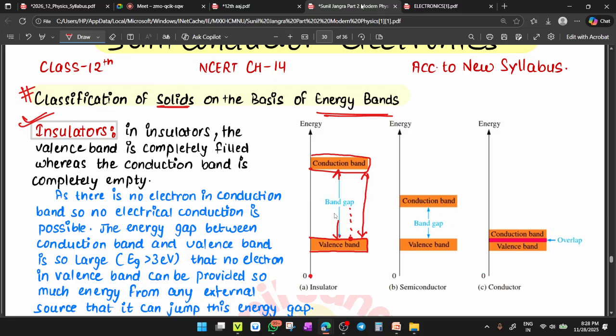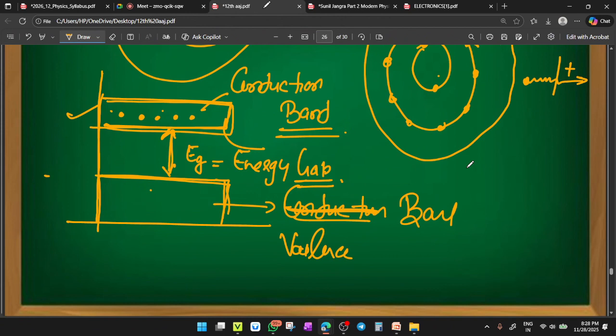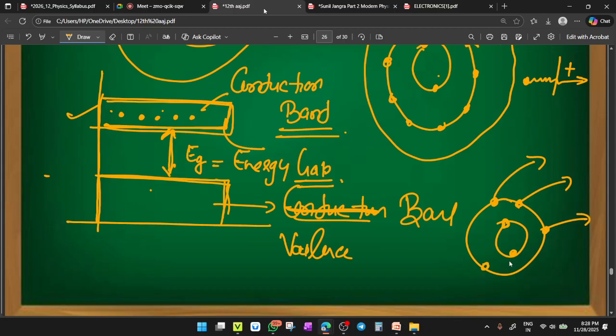In an insulator, the valence band is completely filled. Like an insulator such as carbon: the valence band is completely filled, first 2, after that 4. It is practically impossible to remove an electron from the valence shell of carbon.